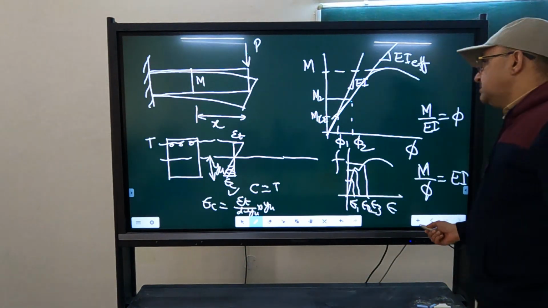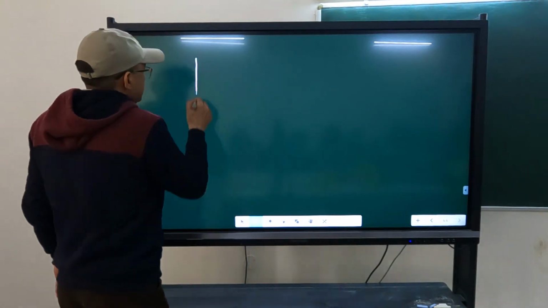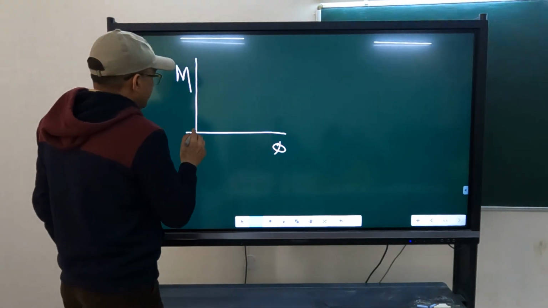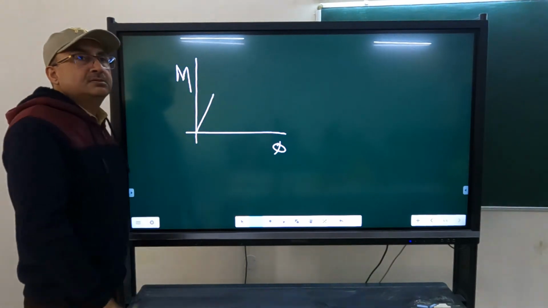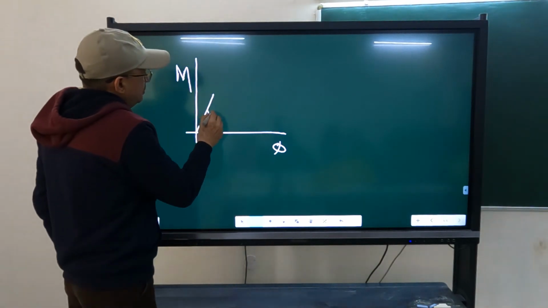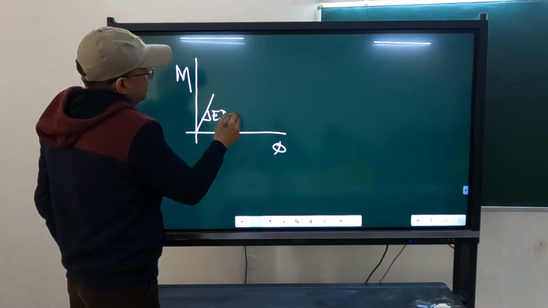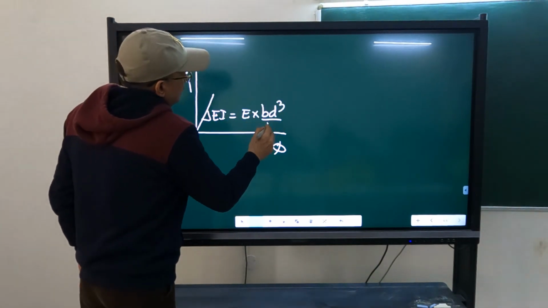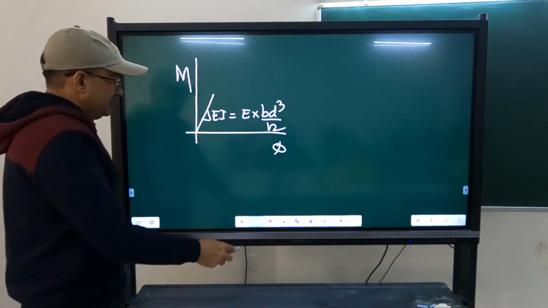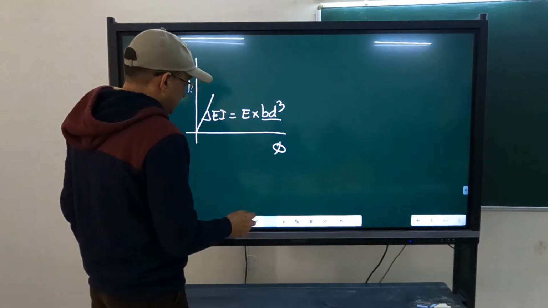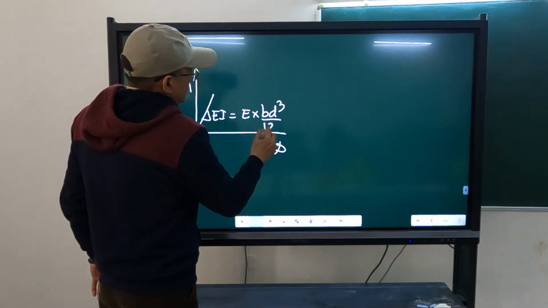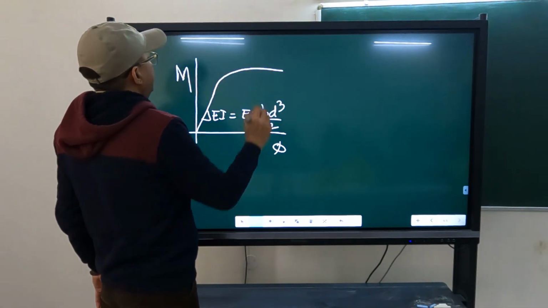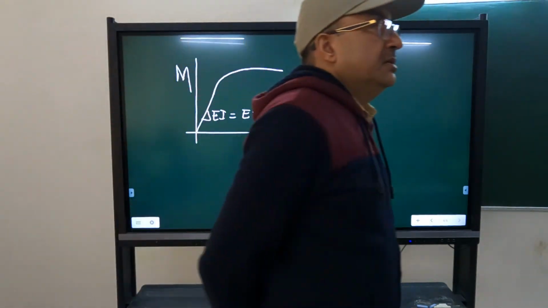For a steel section, the moment versus curvature diagram you are expecting is linear, and this slope is equal to EI, that is E into bd cubed by 12. It has to be like that. Then yielding will occur, and after yielding it will take this shape.